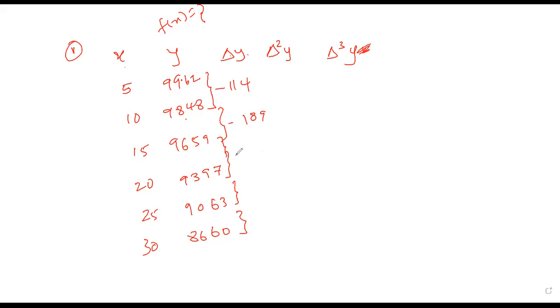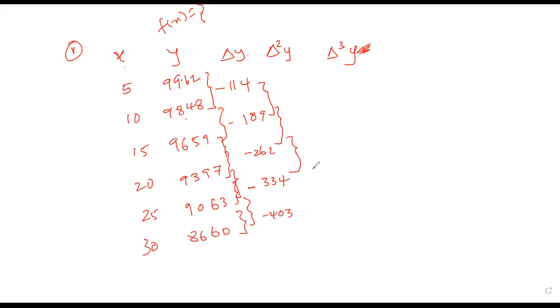I will show the method, but I need your answers. Okay, good. 262. How about these two? Don't worry about the negative signs and all, it comes. No problem. 334. Okay, good. What about this one? Is that minus 40? Yeah, 43. Okay, good.